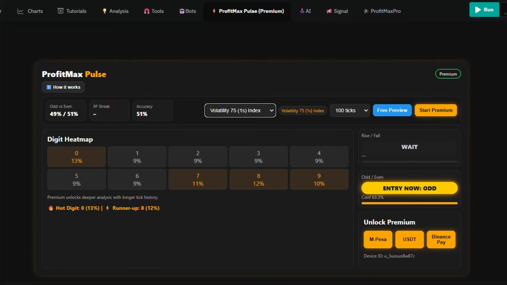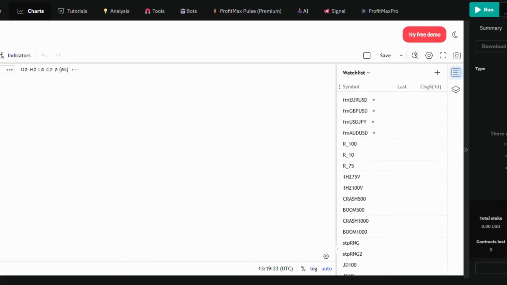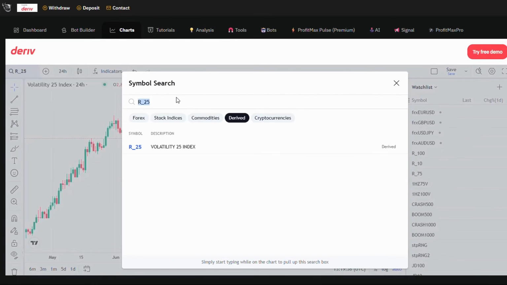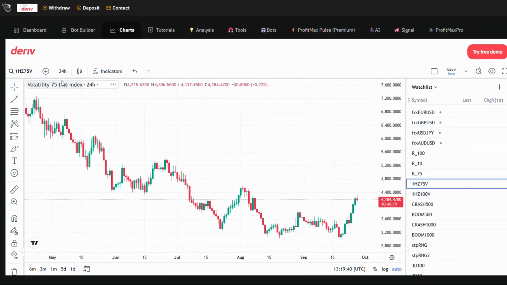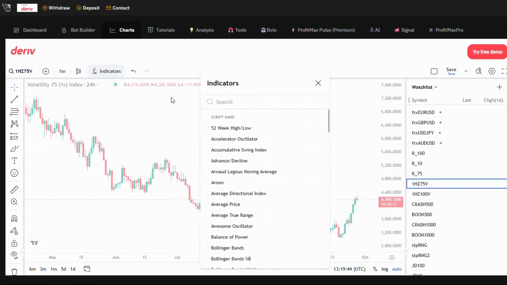You can see still waiting. Let's go back to charts. You've seen it has really overstayed if you've used it before. 75 1S again there, 1 minute candle time frame.